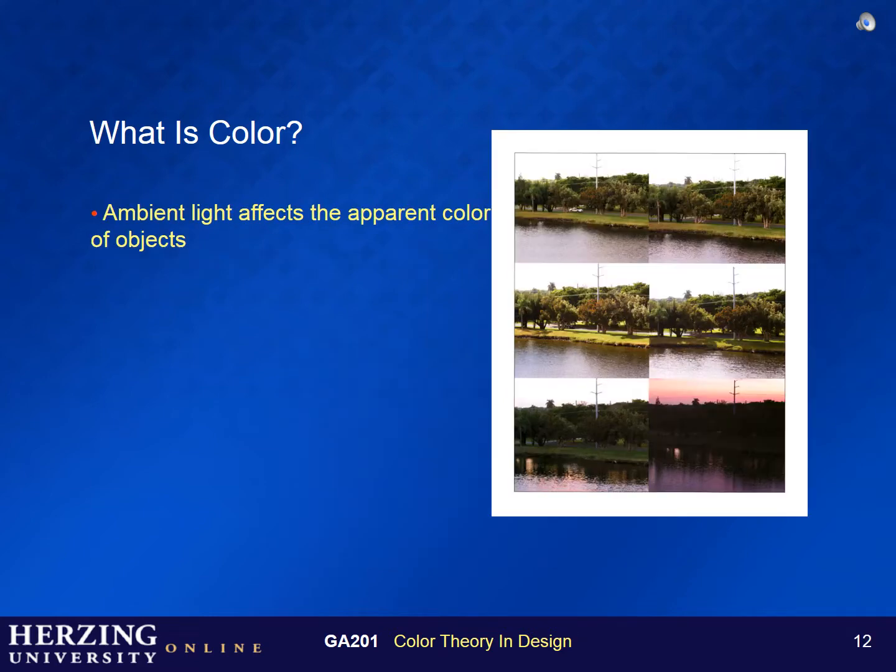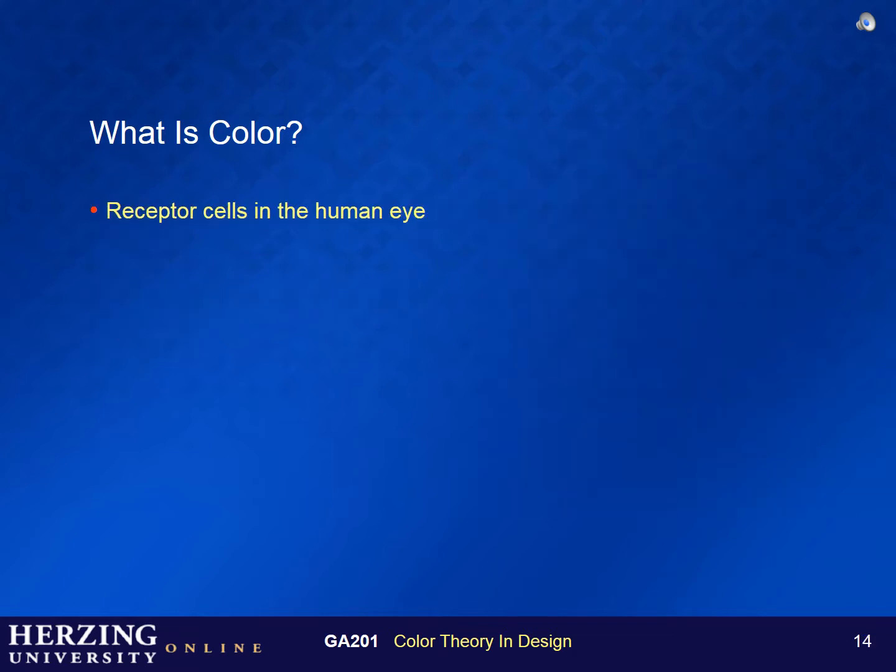All color is derived from light, either natural or artificial. The amount of color perceived is directly linked to the amount of light present. The more light available, the more color will be visible. Color is perceived through the human eye through color receptor cells, or cones.